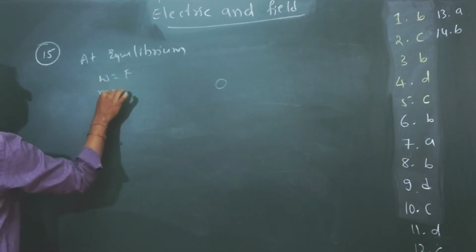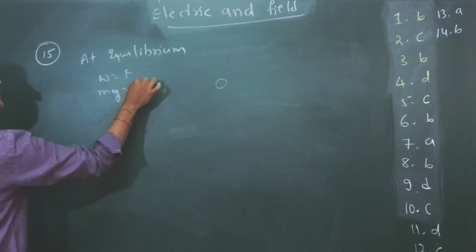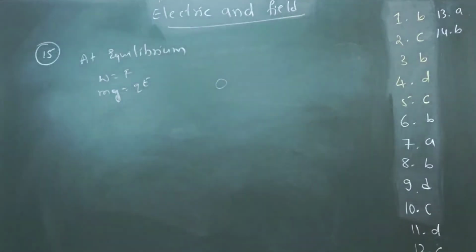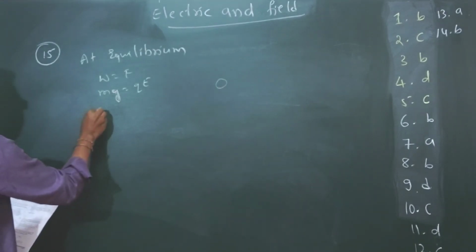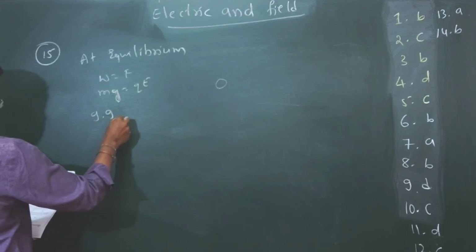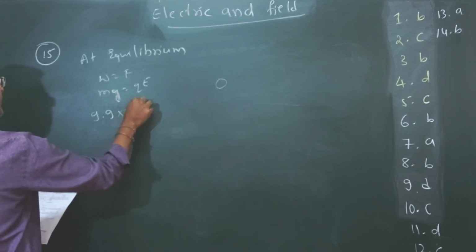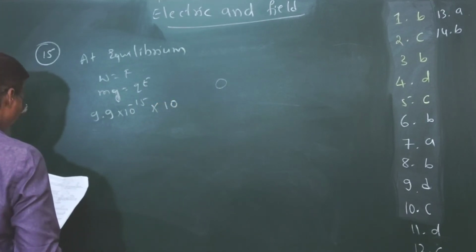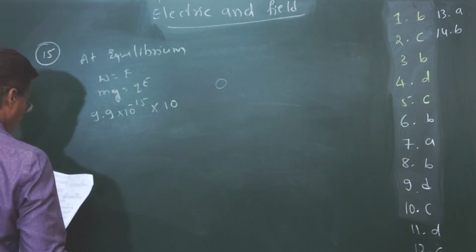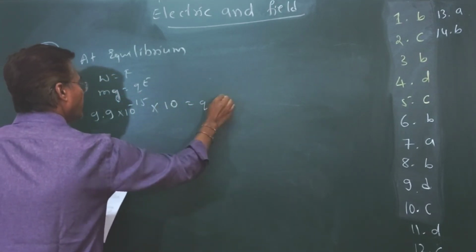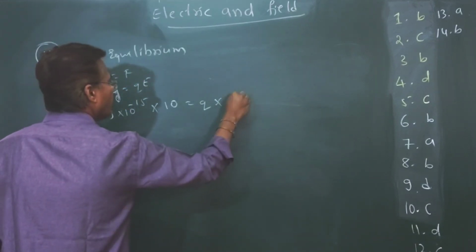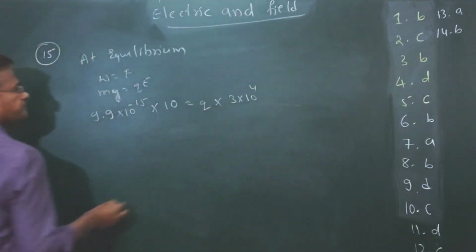Weight is mg, and this is q into E. They have given the mass, 9.9 into 10 to the power of minus 15, into g, which is 10, and we have to find the charge. The electric field is given as 3 into 10 to the power of 4 volt per meter.